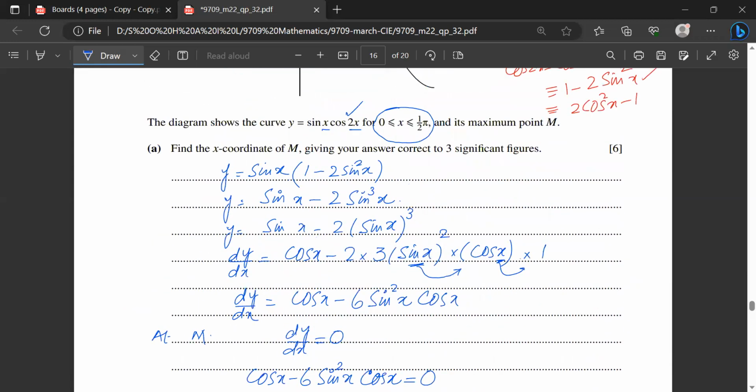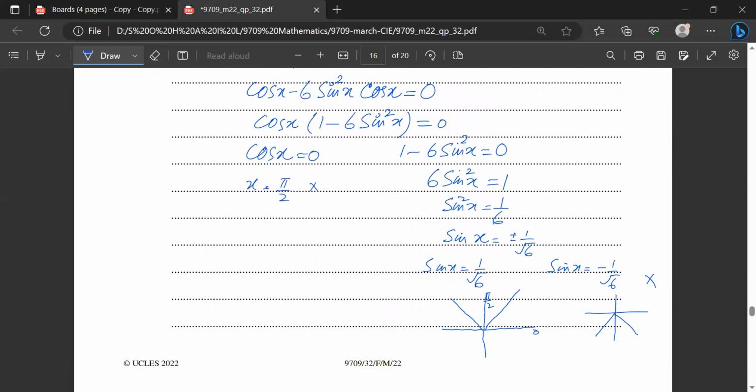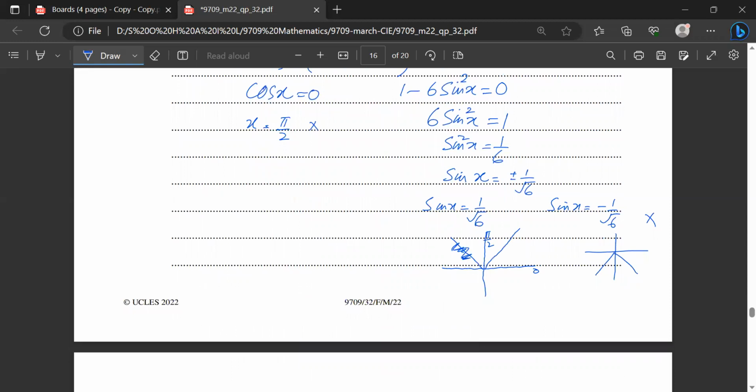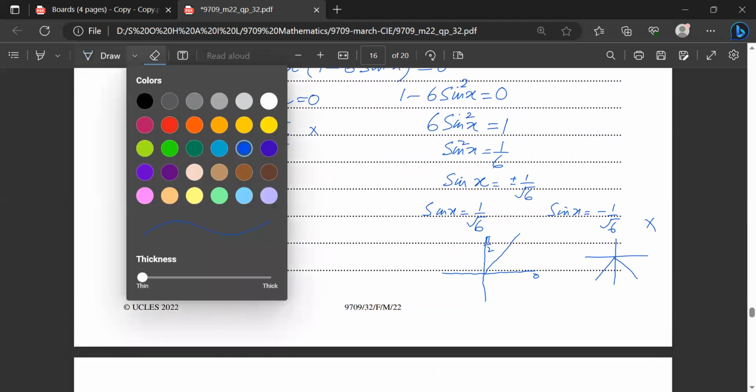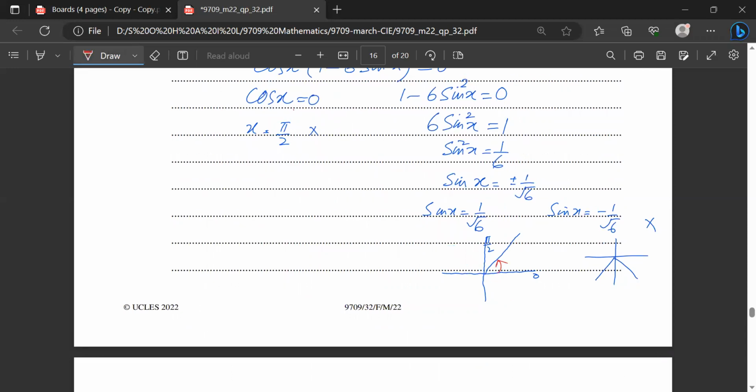As the value of x is from 0 to pi over 2, you reject the second quadrant. So the only answer is this value. The basic angle is the answer: x is equal to sin inverse of 1 over root 6. In differentiation, we always use radian mode for angles.